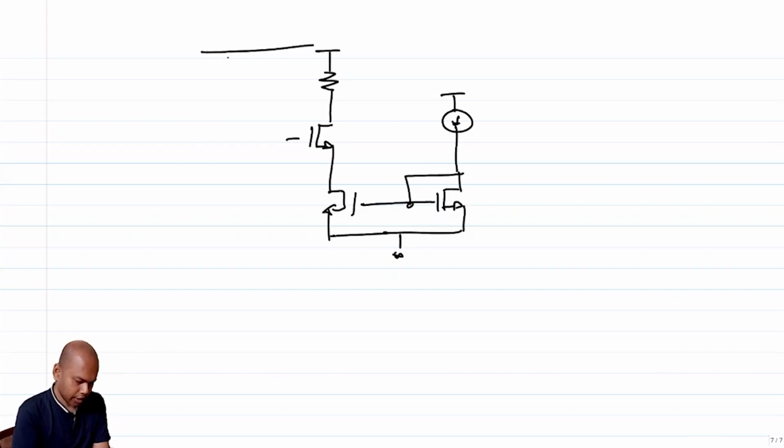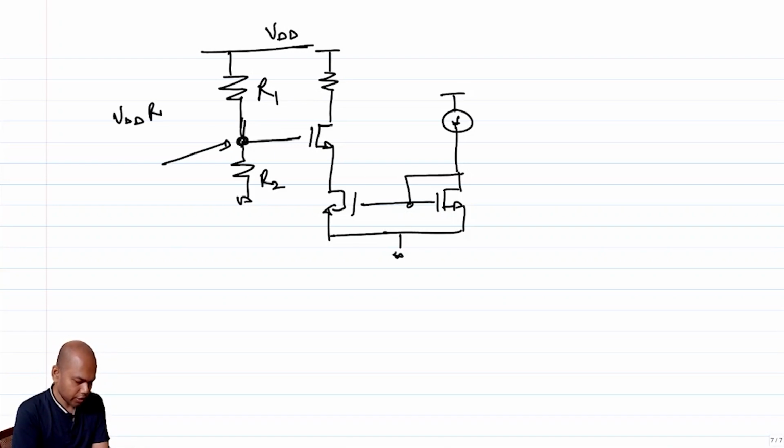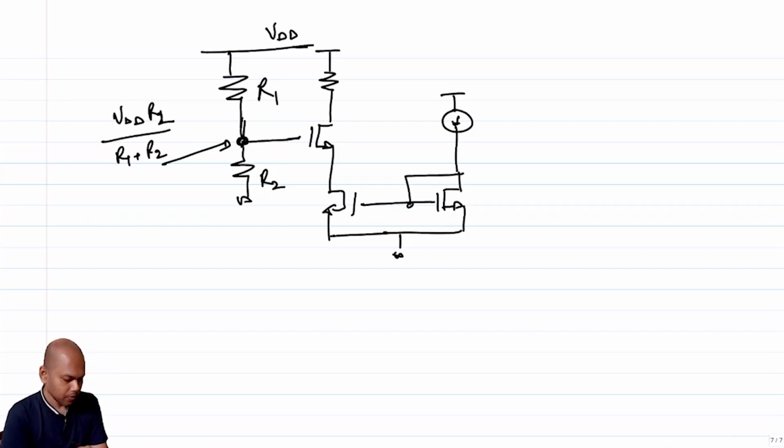So I can get these voltage sources multiple ways. One of the ways is probably this: VDD, I call this, say, R1, I call this R2. So your VGQ becomes VDD times R2 by R1 plus R2, right?